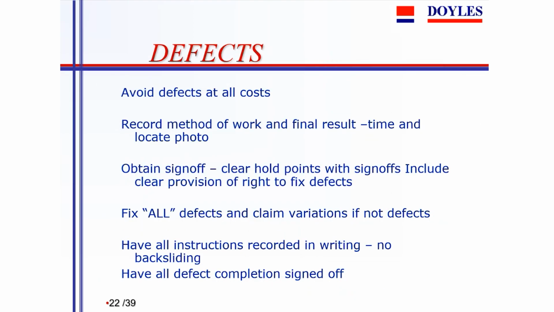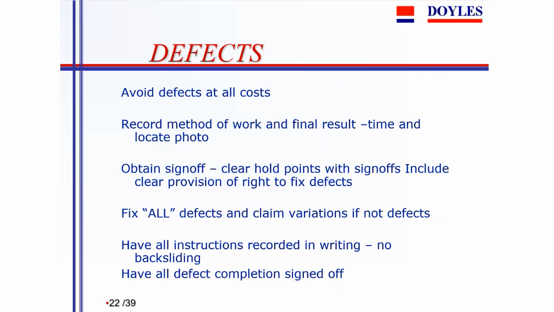defects. In run-of-the-mill construction contracts, defects are a bane of someone's life. And if there are lots of defects, the project is under stress, and it often comes out with a result that's a success to no one.